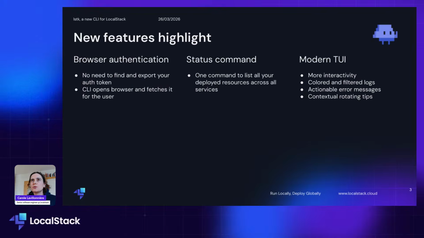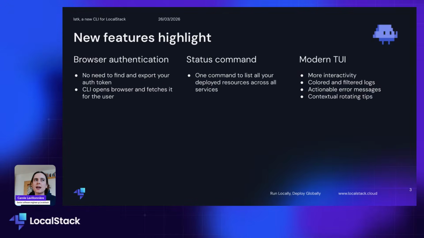Now, I also wanted to tell you a bit about what we think are the highlights, like the nicest features of lstk. The number one, I think, is the authentication, which is much simpler than what you experienced with the V1 of the CLI.